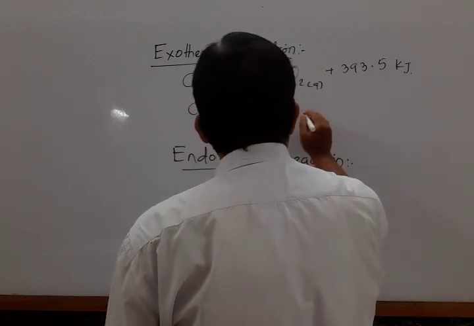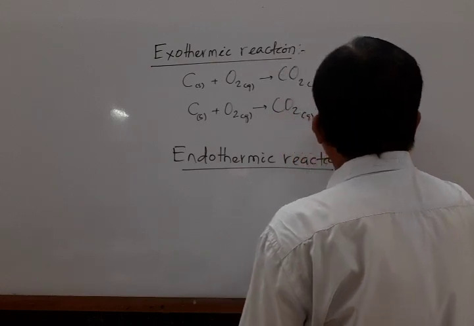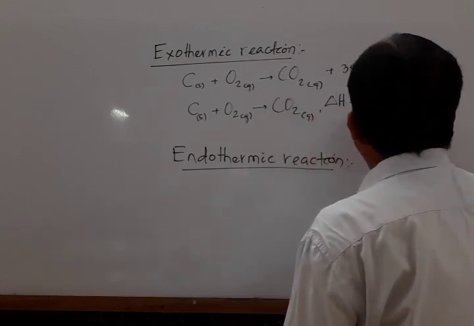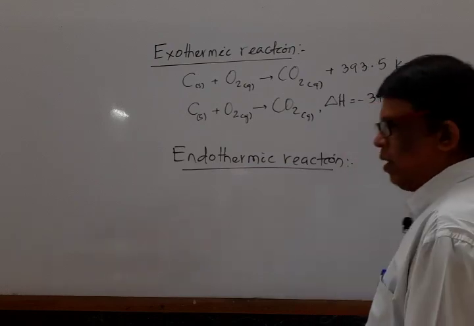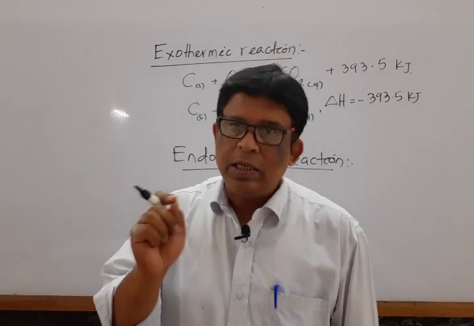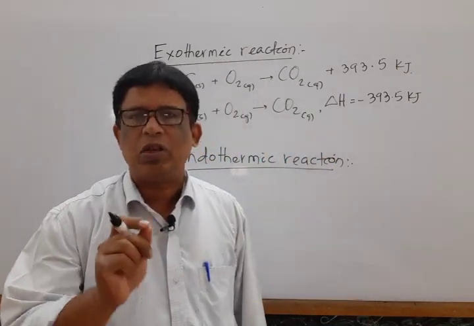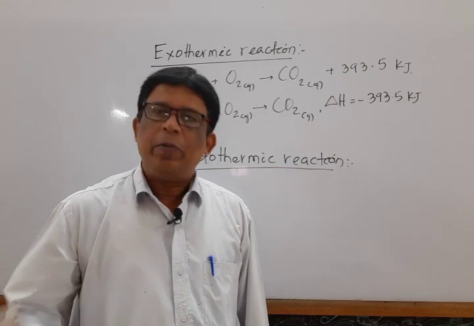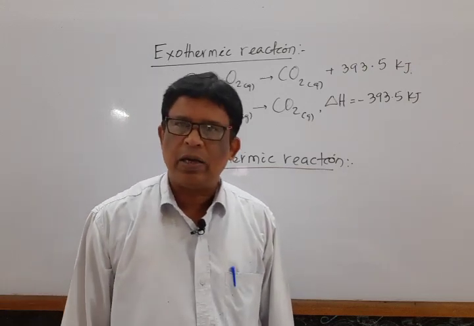This equation may also be represented as, mark that, carbon solid plus oxygen gas gives rise to carbon dioxide gas, del H, the enthalpy change, is negative 393.5 kilojoule. Mark that. Symbolically, if del H is negative, it indicates that it is an exothermic reaction. If del H is positive, then it is known as an endothermic reaction.